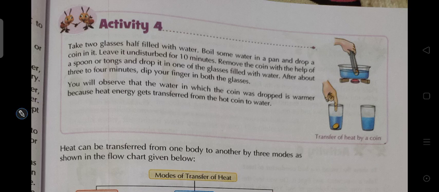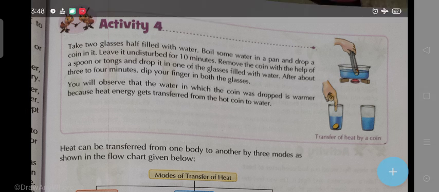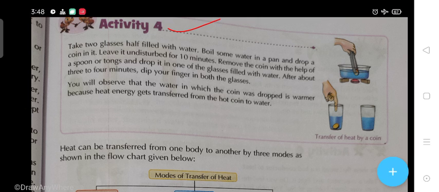Now students, there is an activity, activity number 4. Take 2 glasses half filled with water, and boil some water in a pan and drop a cold coin in it. Leave it undisturbed for 10 minutes.